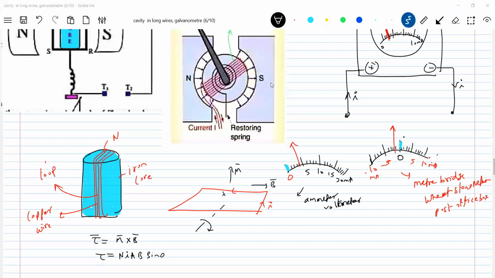This will be sine theta, because as the loop rotates, this is the angle made, no? Look at this angle. So sine theta will come into the picture. So the torque acting, constant or variable? It will be variable, no?